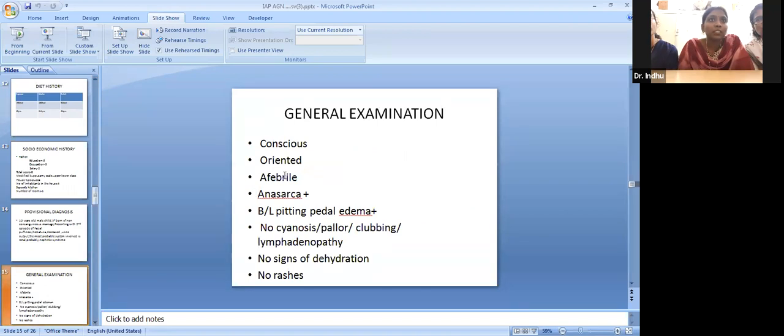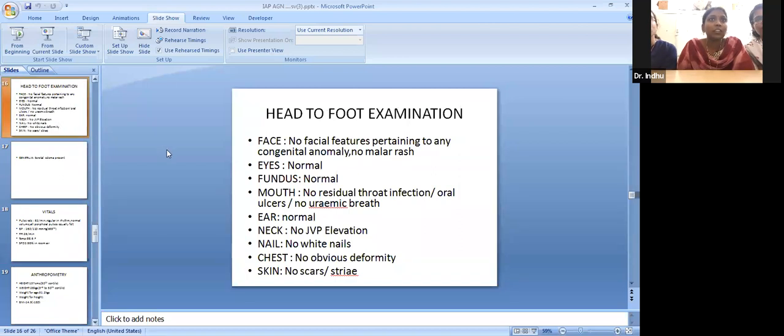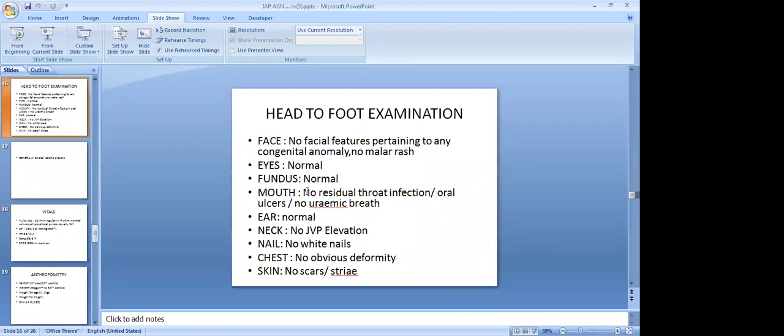General examination. Child is conscious, oriented, afebrile, icterus nil, bilateral pedal pitting edema plus, no cyanosis, pallor, clubbing, lymphadenopathy, no signs of dehydration, no rash. Head-to-foot examination. Face: no facial features suggesting congenital anomaly, no malar rash. Eyes were normal, fundus normal. What congenital anomaly did you think?